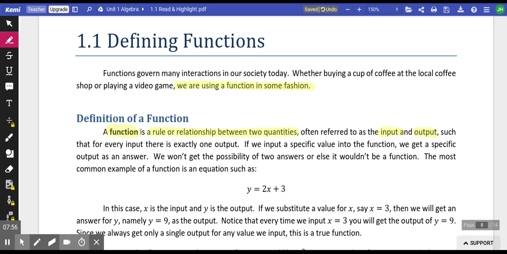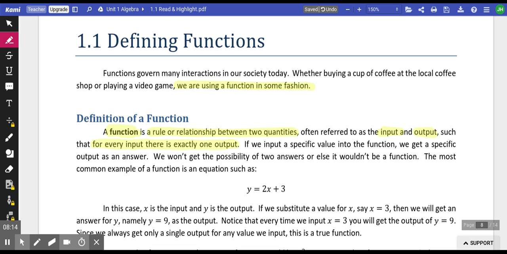What's important there? For every input, there's exactly one output. So what is a function? It's a rule. For every input, there's exactly one output. That's something you're going to want to understand.